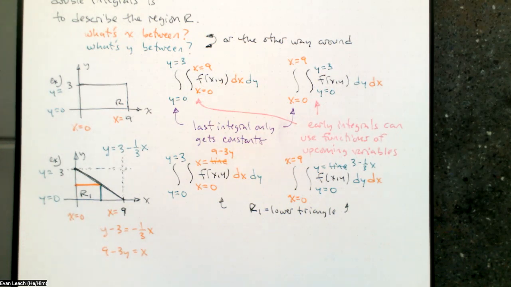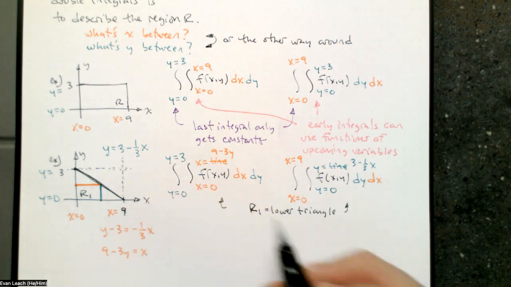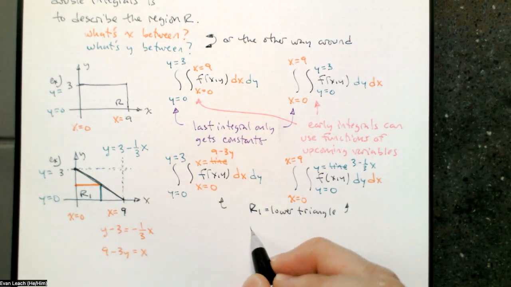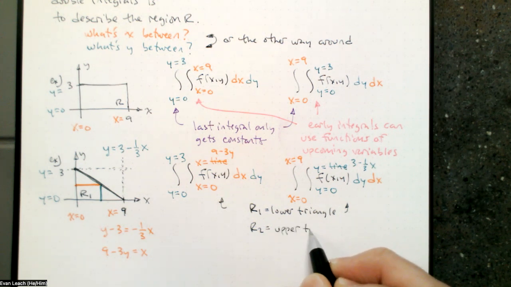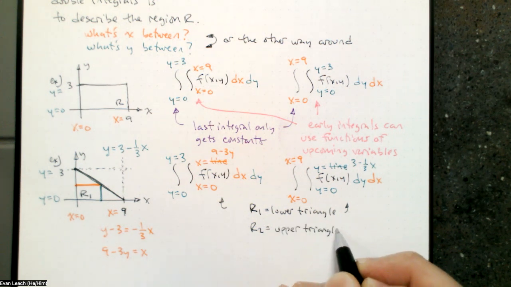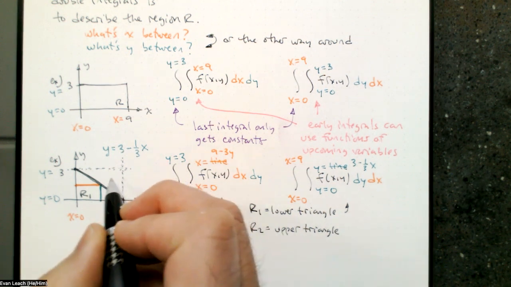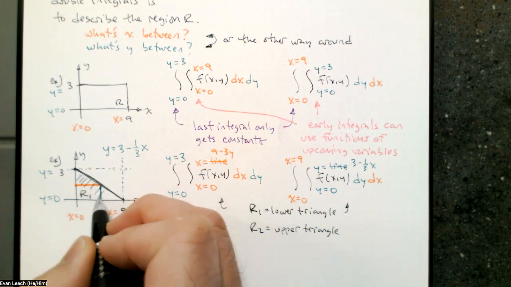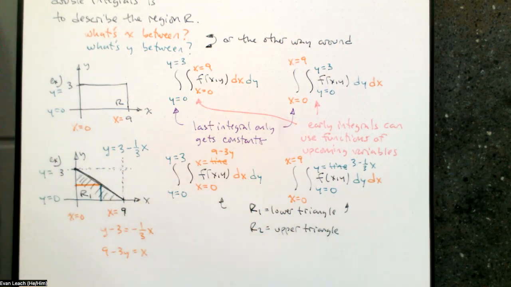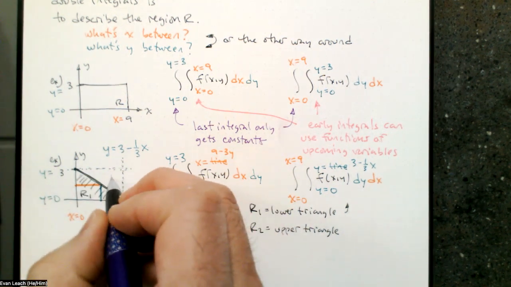Let's say that R2 is the upper triangle. So R1 is this one down here. And then R2 is going to be the one up here.